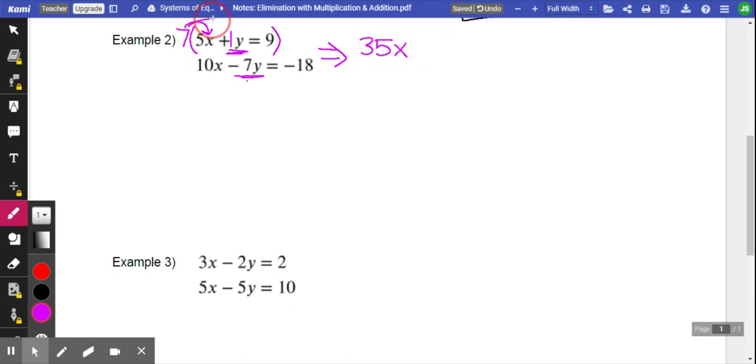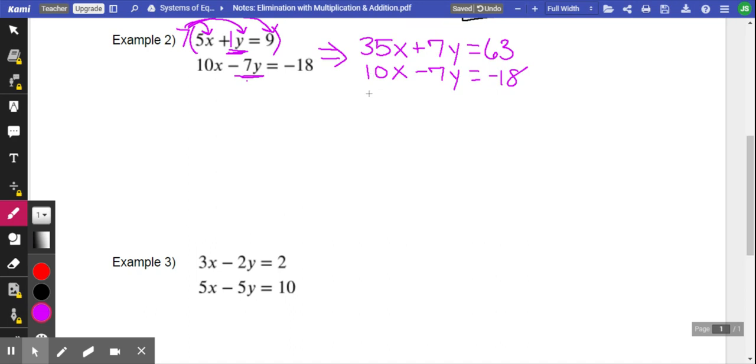I've got 7 times 1y, that gives me a positive 7y. I've got my equals. And then this is the part that people forget a lot. We also have to multiply 7 times 9. 7 times 9 gives me 63. Nothing changed down on the bottom on that second equation, so I'm just bringing that along, and I'm keeping it nice and lined up.